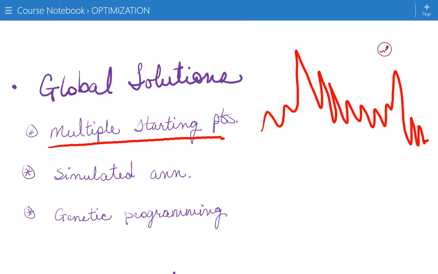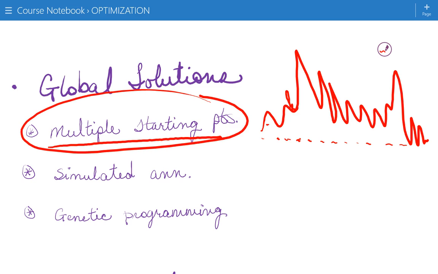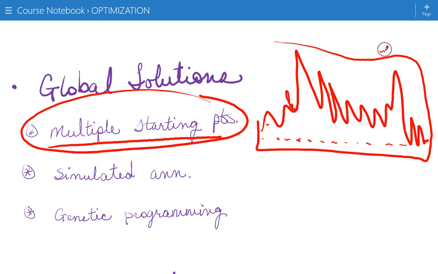You would have to have so many different starting points, and then you wouldn't know if there was something in the middle that you were missing. So this is a smart thing to do, but if it is a very complex, jagged parameter space, then it's unclear whether you're going to get anywhere just because you have a few starting points.